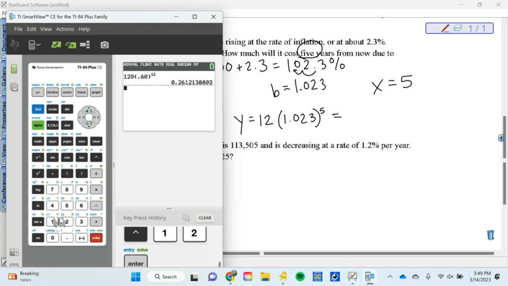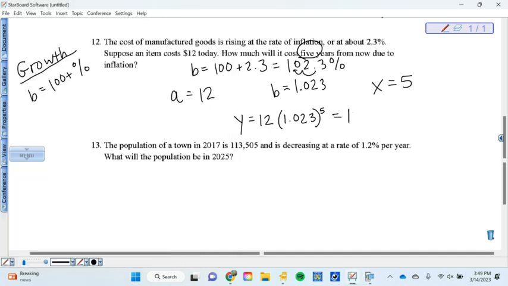I plug that in, 12 times 1.023 to the 5th, which gives 13.44. So check what you did in there. Make sure you didn't forget that 0, because that 0 is going to be a big difference. $13.44. Okay.